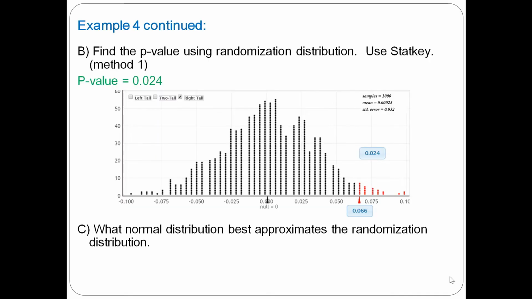So remember, the normal distribution is named based on the mean and the standard error. So in this case, we can write this as normal distribution 0, 0.032, whatever standard error you have. And this would be the normal distribution.